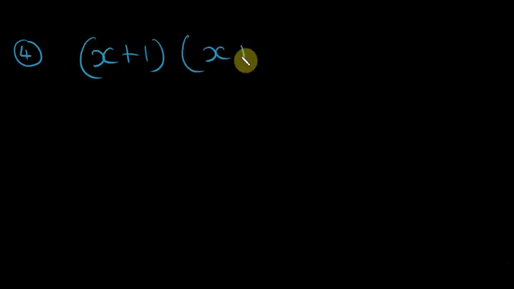Now, let's look at multiplying a polynomial, a binomial with a binomial. Say you're given x plus 1 multiplied by x plus 2. These are all binomials. How do you multiply binomials?